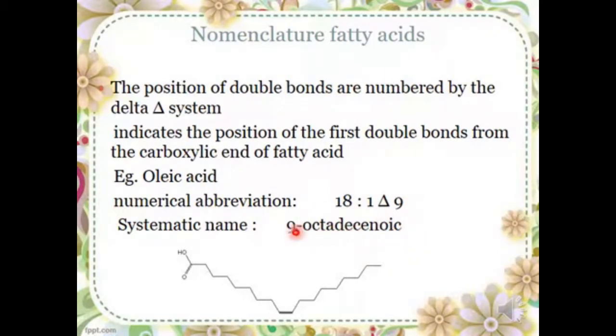So 9 is the position of the double bond from the carboxylic end, carbon 9. This is carbon 1, 2, 3, 4, 5, 6, 7, 8, 9. In the numerical abbreviation, we write it as 18 colon 1 delta 9. This indicates there are 18 carbons with one double bond at the position of carbon 9, delta 9.